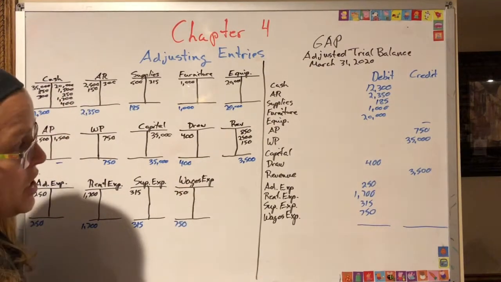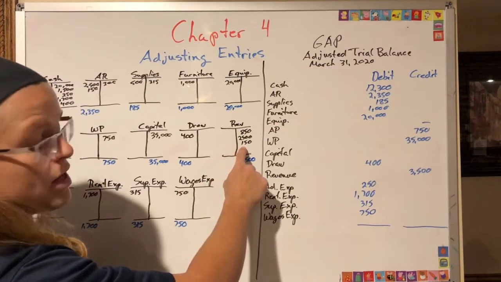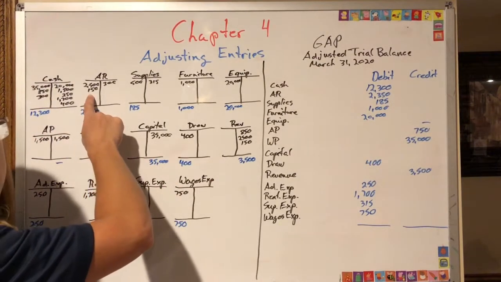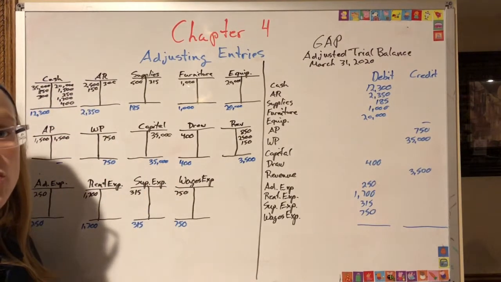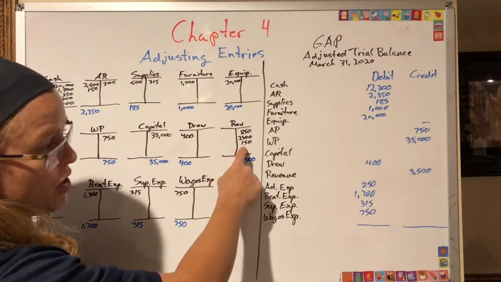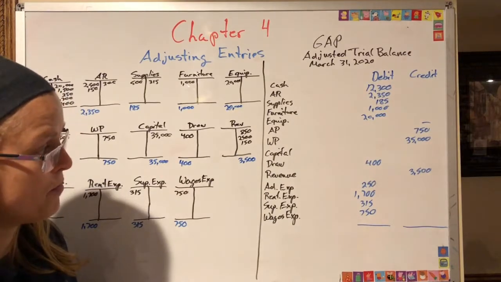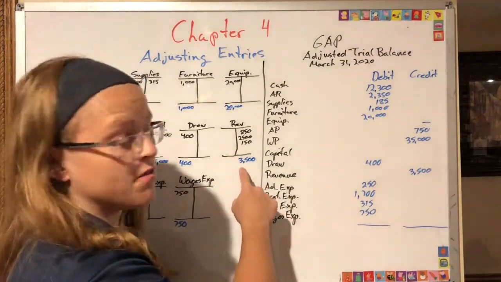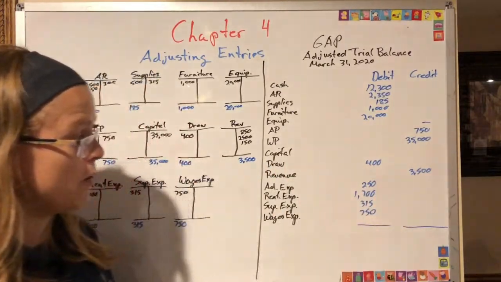Our revenue changes because we have the $150 that Ann earned for doing the service but was not paid for it yet. So we have our service revenue of $150 because it was earned. So we have a total of $3,500 in the revenue account.